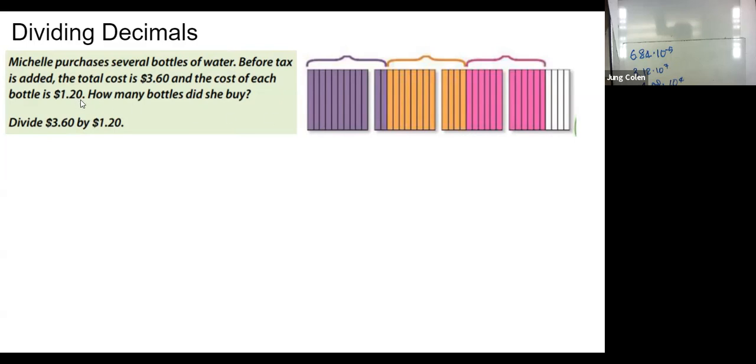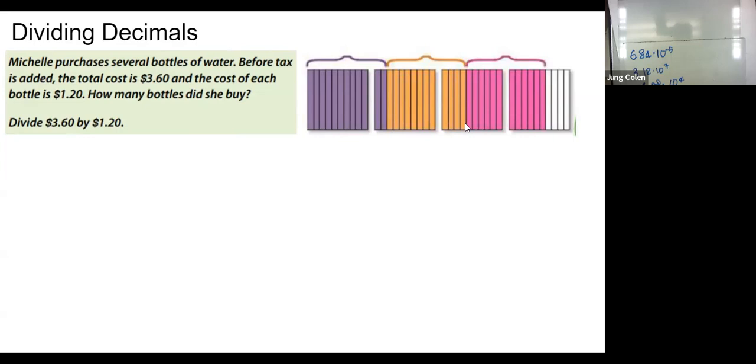$1.20. So each group has to have $1.20, and we're going to find out how many groups, which is how many bottles, right? So I see $1.20, that's one bottle, the purple bottle, and I have another 8, 9, 10, 11, 12.